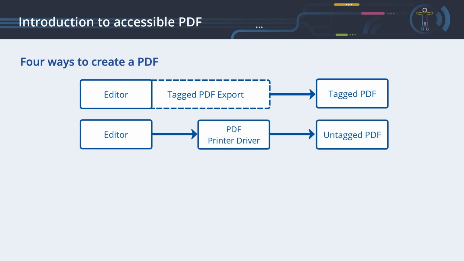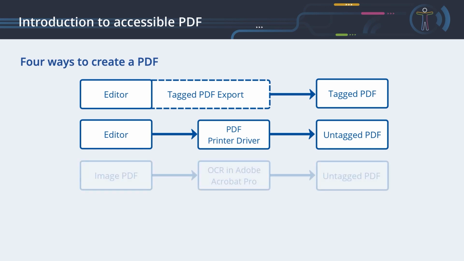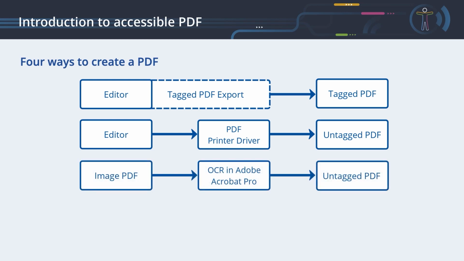Some document editors do not offer this functionality. In this case, a PDF can only be created via a printer driver. The resulting PDF will have no tagging information to support users with screen readers. Sometimes we do not have the document in any digital form. In this case, we need to scan it.